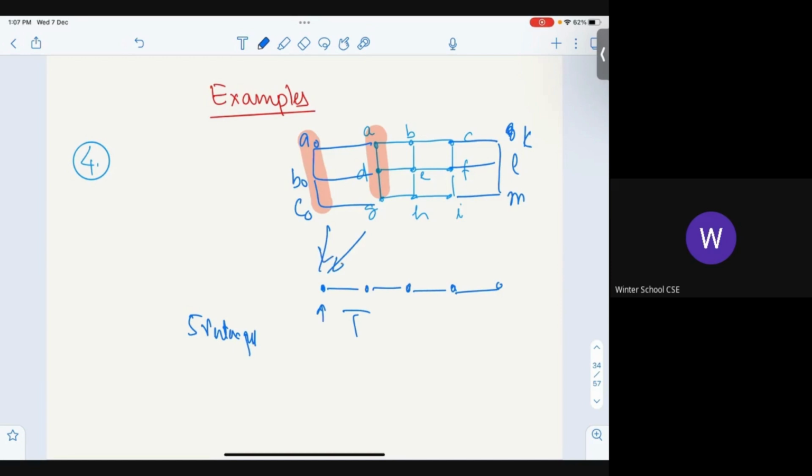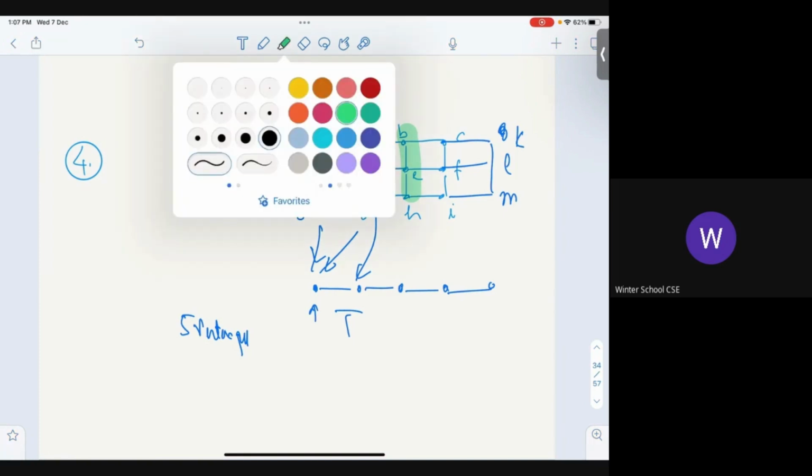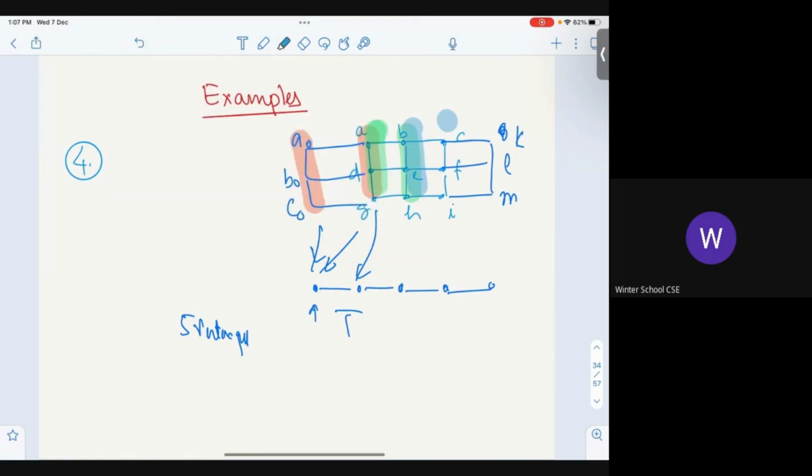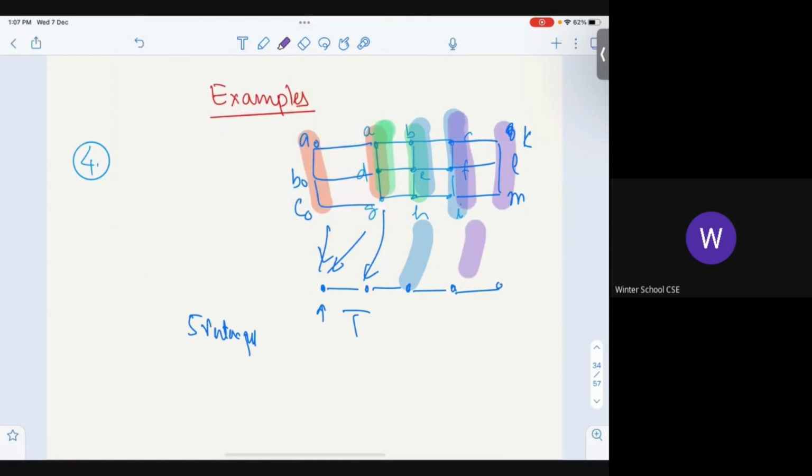Next, I map this here as well, and this is the second one, which maps to the second vertex, then the third vertex, like this and this. Who maps to the last one? He'll map to this guy and this guy maps to this. I actually don't need the last guy.